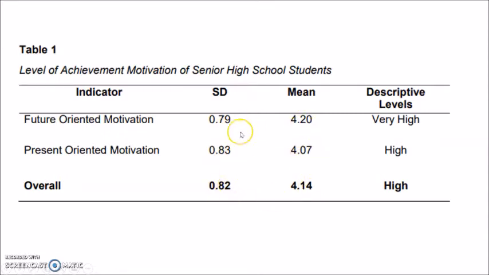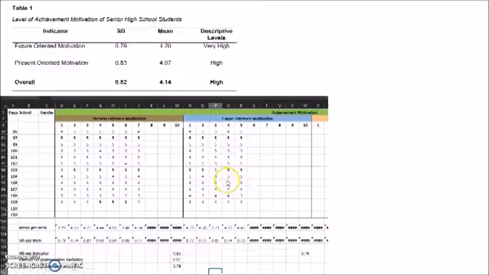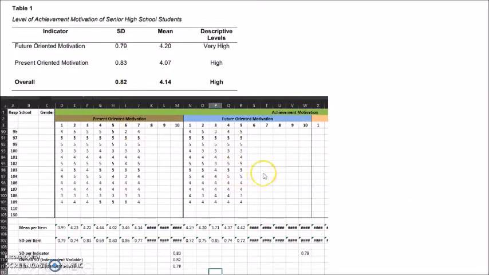So, where did we get these values? First, in the computation table in Excel, we have the first variable, achievement motivation, and these are the 2 indicators, present-oriented motivation and future-oriented motivation. We have here the mean per item.